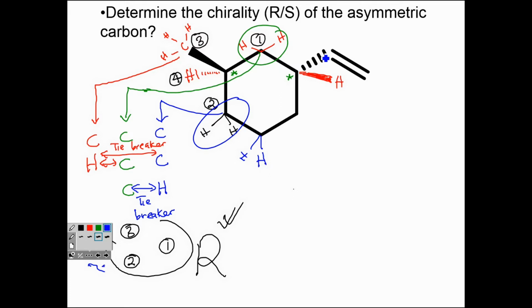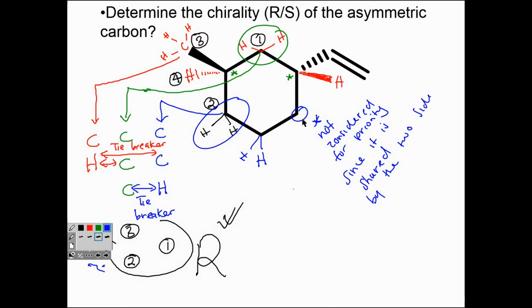So we're gonna take this carbon to be priority over the hydrogen, we write it over there, while this carbon is bonded to two other hydrogens, so we write one of the hydrogens here. This carbon over here is not considered for priority since it is shared by the two sides. Okay, so we just finish here, this carbon and that carbon.